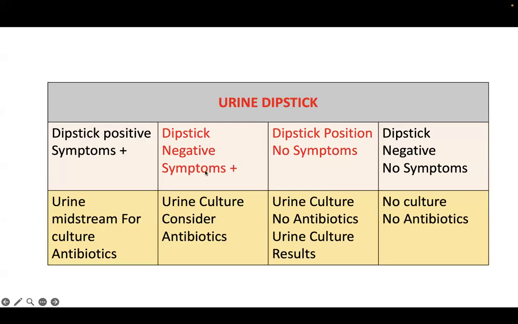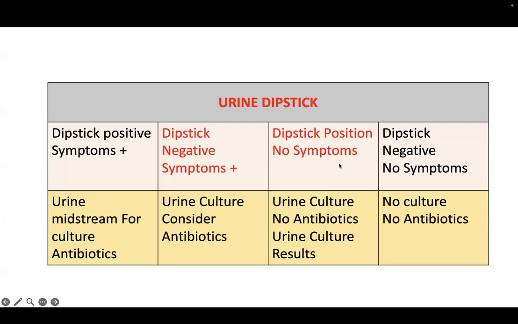As the patient is symptomatic, we should always keep in mind that we will give antibiotic. In case of symptomatic and dipstick positive, we will prescribe antibiotic. However, if the patient is symptomatic but dipstick negative, we can consider antibiotic and send urine culture. Am I clear about that? It is very important because we will get questions from this.